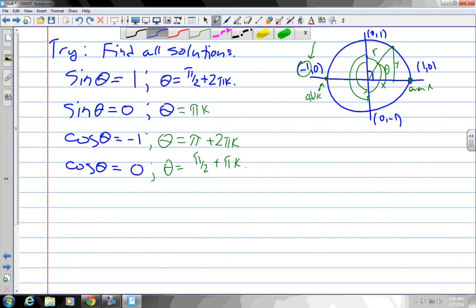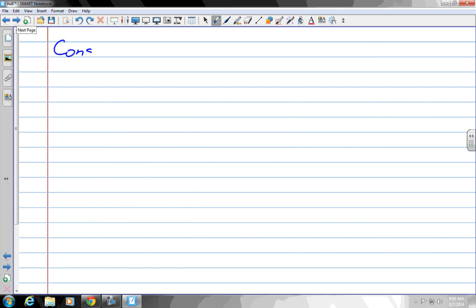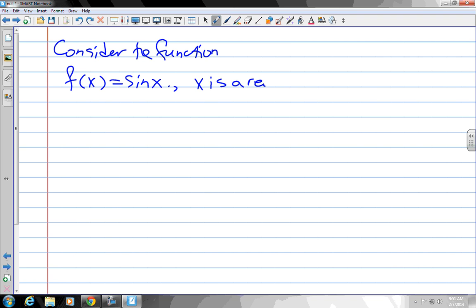All right. Well, okay, so that's fun. So now let's consider this function. Let's just say, just for the sake of it, f of x equals sine of x, where x is a real number. And this is where our ability to manipulate radians becomes very important.